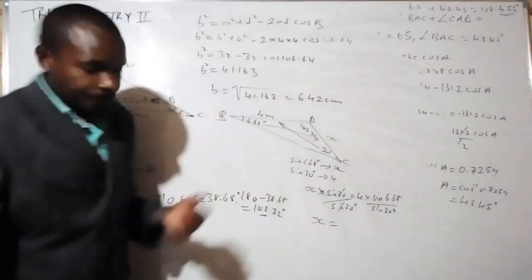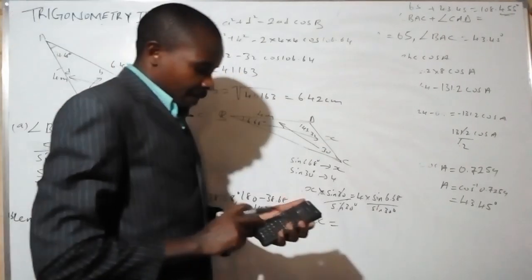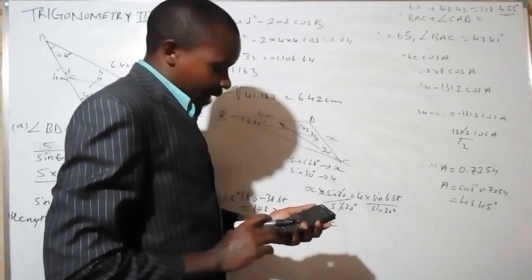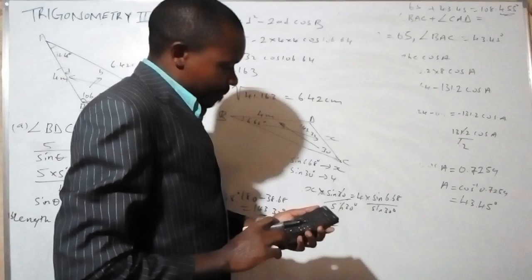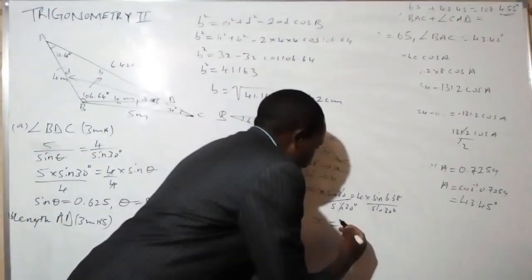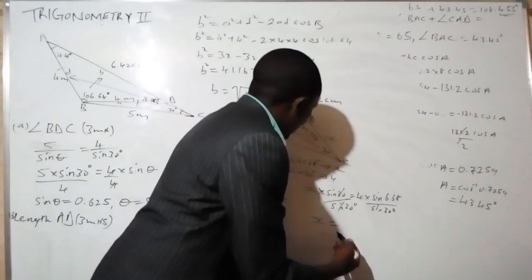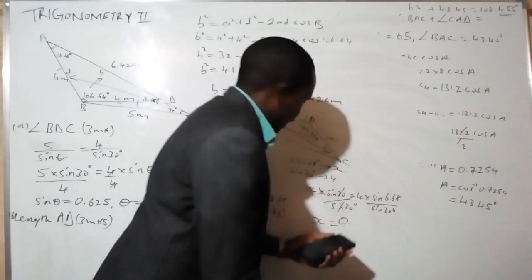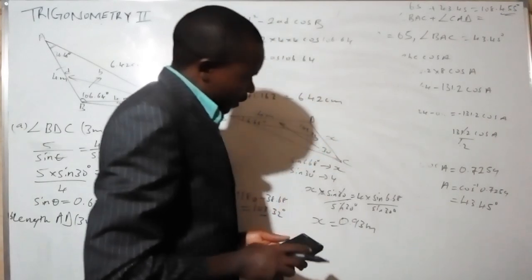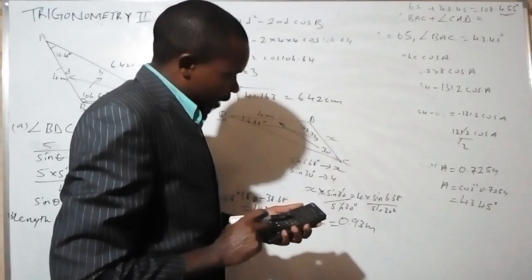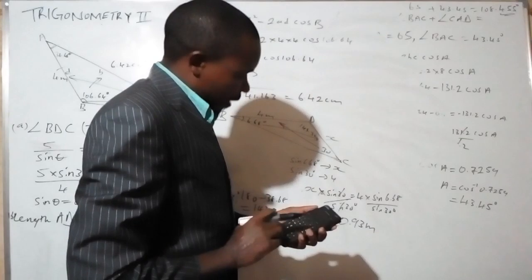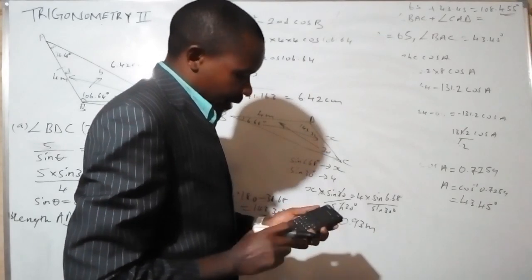Our x will be 4 times sine 6.68 divided by sine 30. We get 0.93 meters. Yeah, it's supposed to be 0.93 meters.